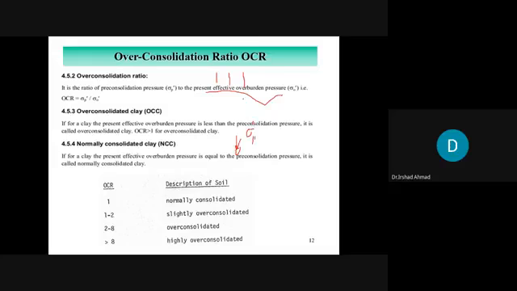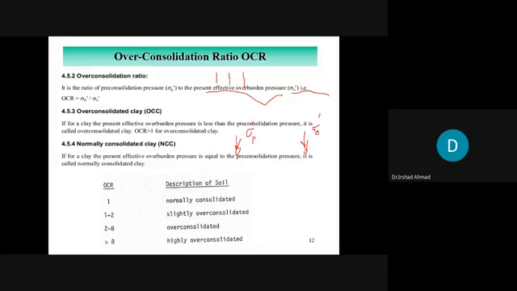But once this fill is removed, the same soil specimen would be subject to the current state of stress, which is sigma naught prime, right? This sigma naught prime is less than sigma p prime, which was in the past. So the ratio is called the over-consolidation ratio.